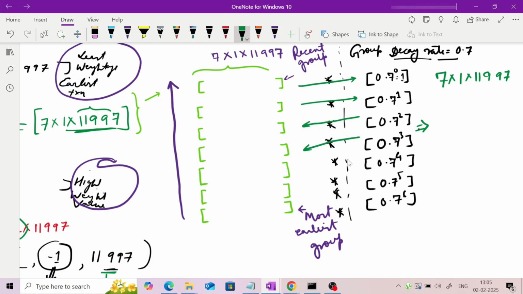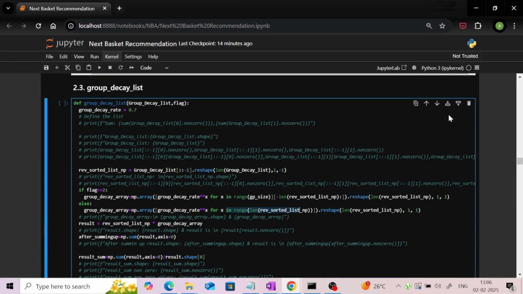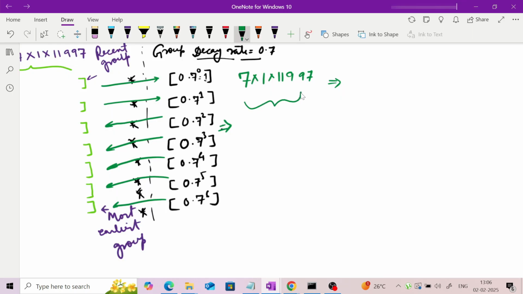After multiplying the group decay rate with each of the groups, the earliest groups will have the least group decay rate, and the most recent groups will get the heaviest weight. That's what we will see being done in the code.